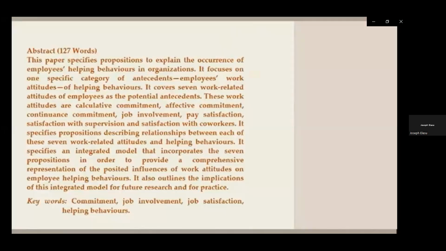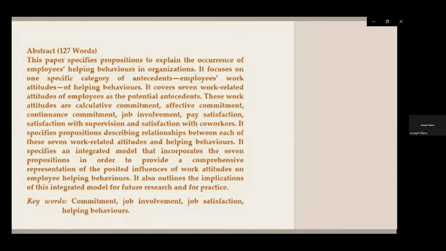So I'm giving you one that was written by a researcher who gave 127 words. As you can see, this is typically how abstracts are written. Let's read together what is appearing on the screen here, and I think you'll be able to appreciate what we are talking about.